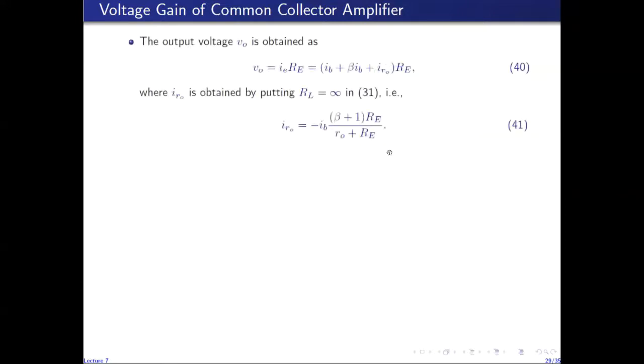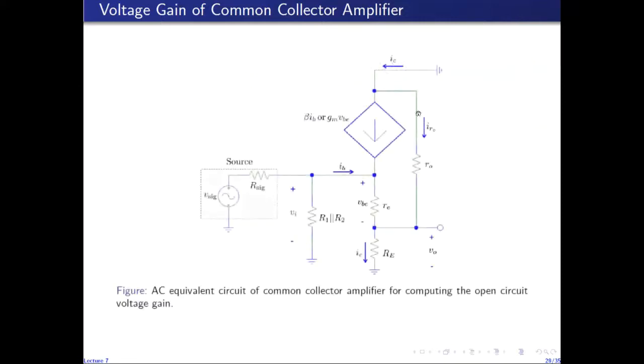So I don't have to derive IR naught again. I can use the actual expression for IR naught and simply replace RL in that expression with infinity. The resulting reduced expression for IR naught, given by this factor here, represents the current through R naught for this circuit.